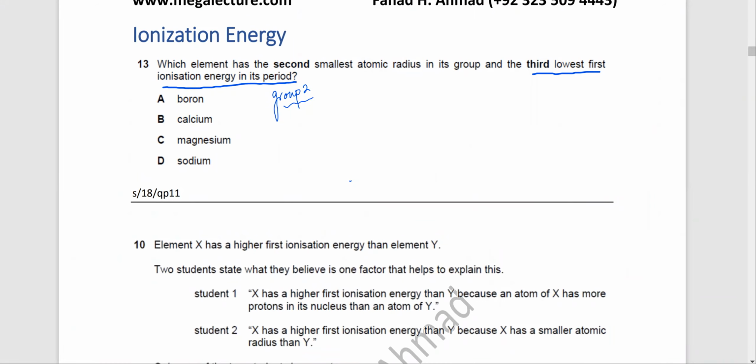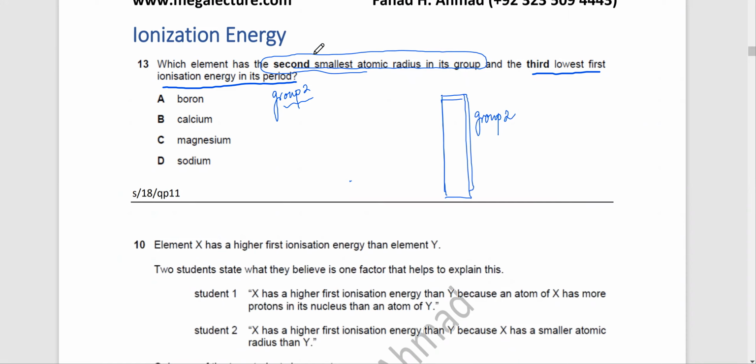And the first one, second smallest atomic radius in its group. What does that mean? In its group, the group is the vertical arrangement. So which element would have the second smallest atomic radius, and we know it's group two? Like sodium.